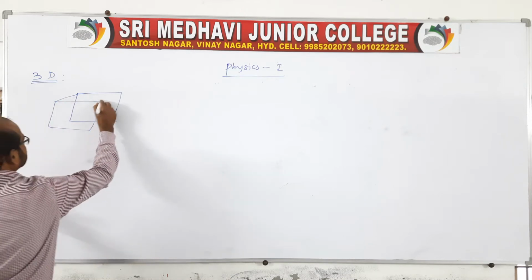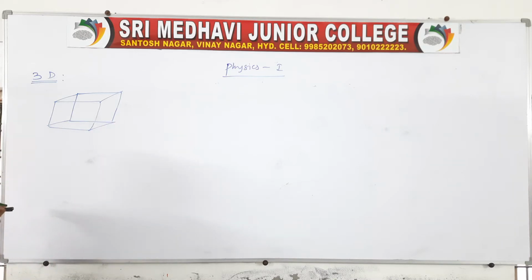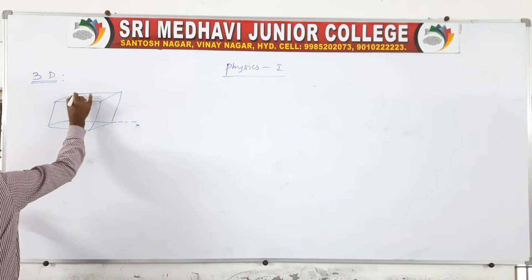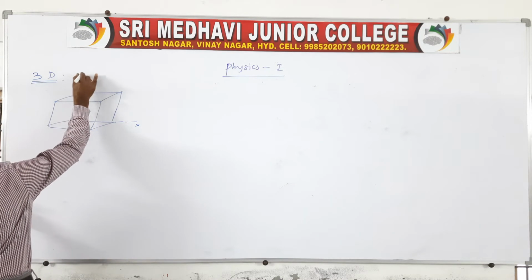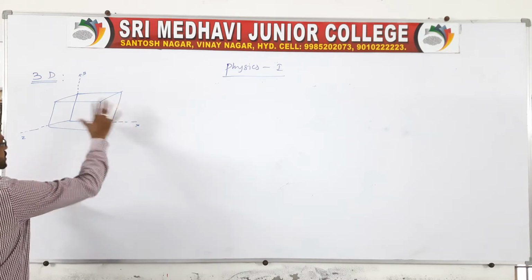In this cube, we get the three axes. One axis is represented as x, another is represented as y, and the third is z, like this. This is actually three dimensional.